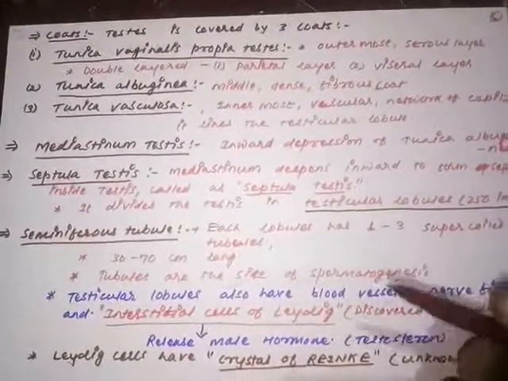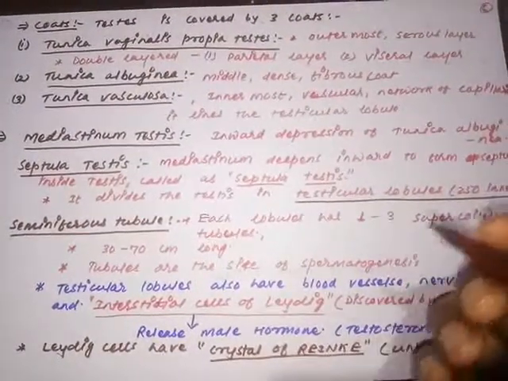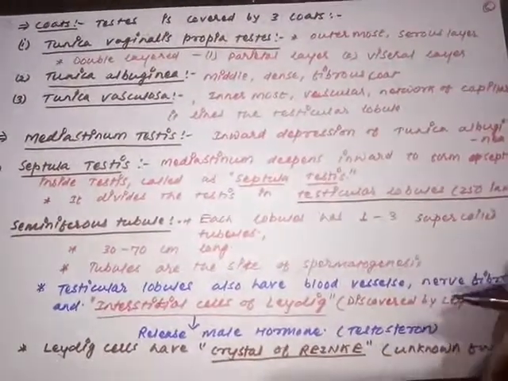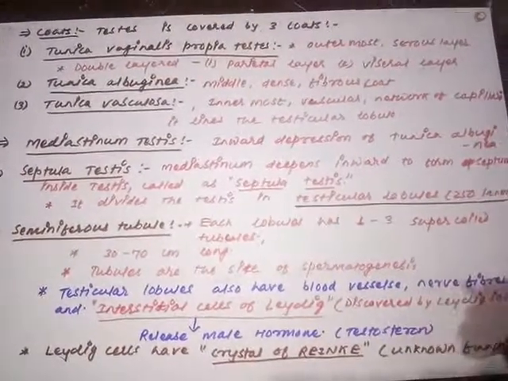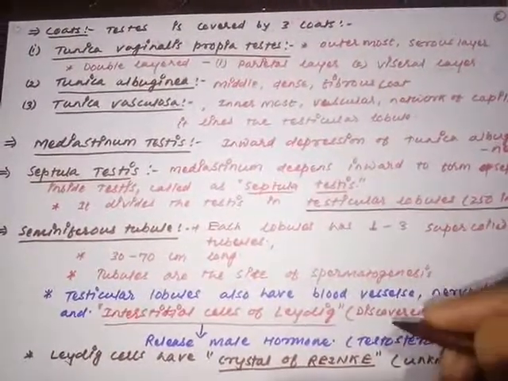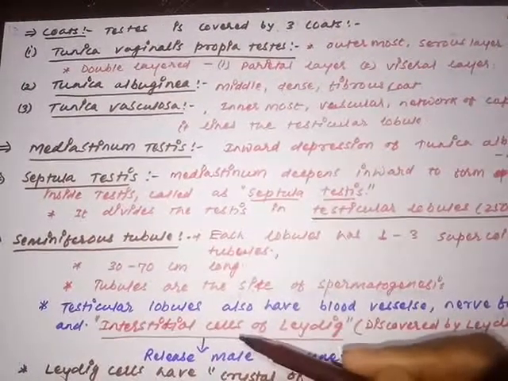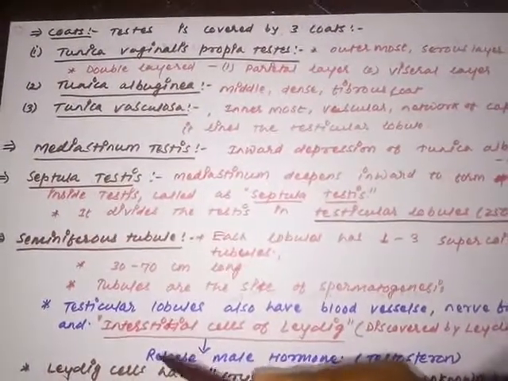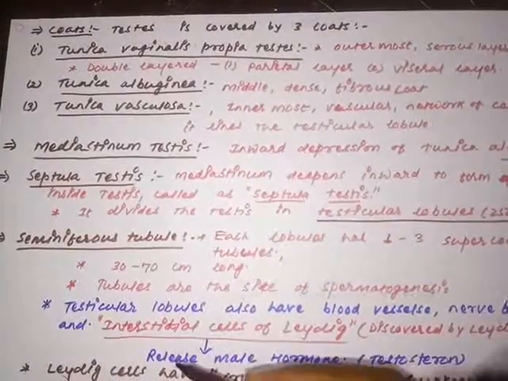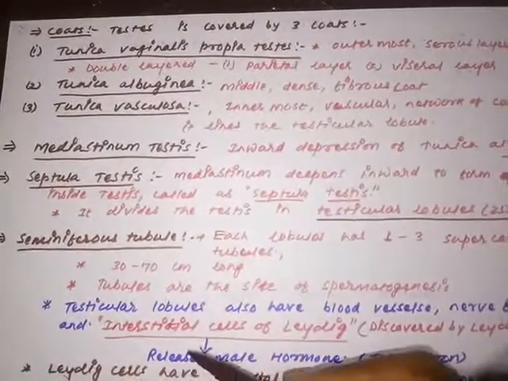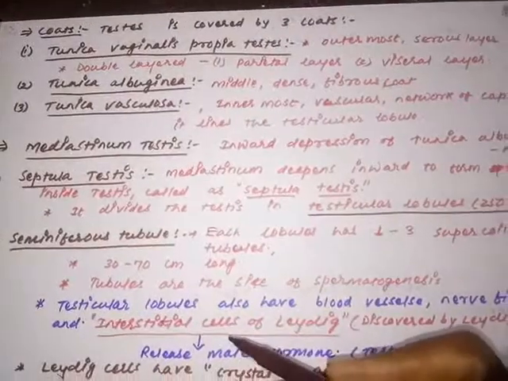Are you getting my point? We can say the forest of tubules because it's a dense network. Some specialized cells are observed there in the dense forest of tubules, and these cells are called interstitial cells. The cells present between the seminiferous tubules in the testicular lobule are called interstitial cells.